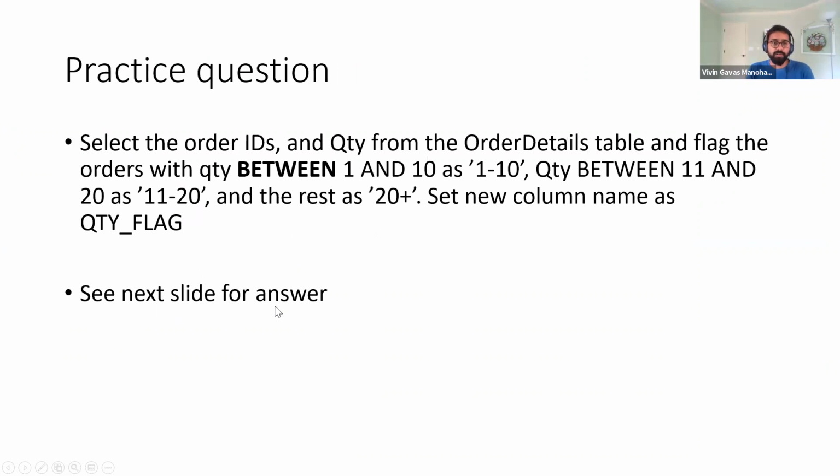So now I would want to practice. I'm going to give you 3 to 5 minutes to practice this code. So if possible, can you write a code that selects order IDs and quantity from the order details table and flags the orders where quantity is between 1 and 10, including 1 and 10, as 1 to 10, quantity between 11 and 20 as 11 to 20, and the rest as 20 plus, and set this new column name as quantity flag.